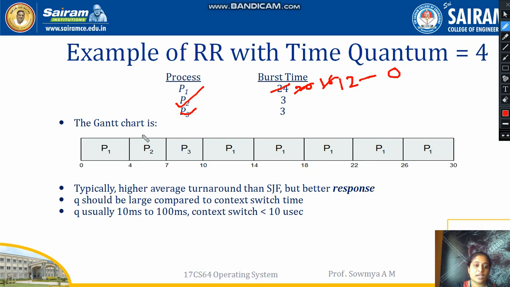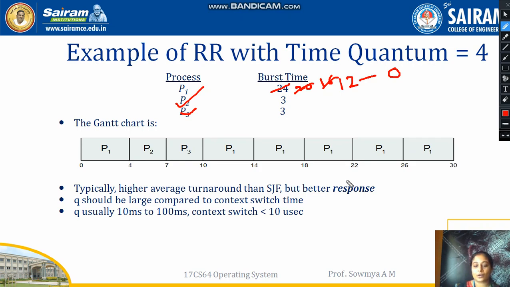So 30 minus, what we'll do, 4 plus 4, 8, 8 plus 4, 12, 12 plus 4, 16, 16 plus 4, 20 and 20 plus 4, 24 time quantums. Like 24 burst time is allocated for the P1 process, but all allocated with the time quantum of 4 milliseconds.